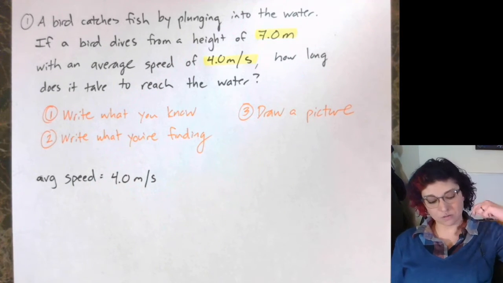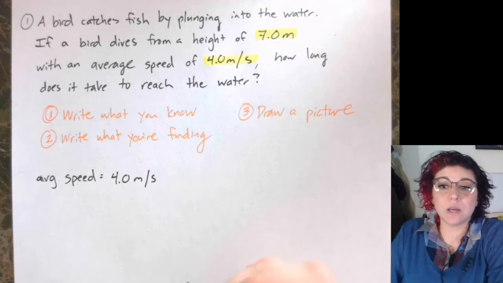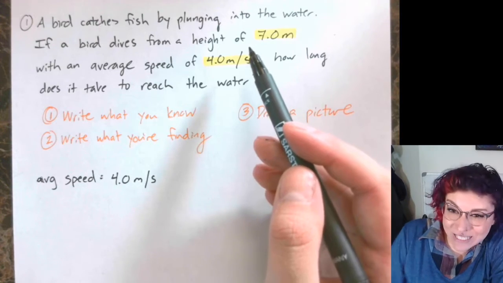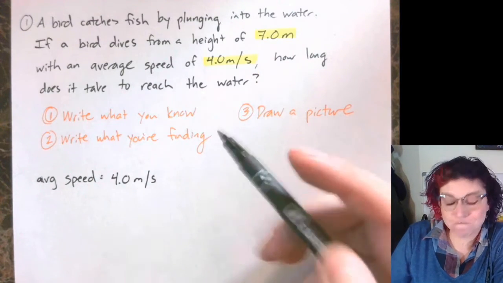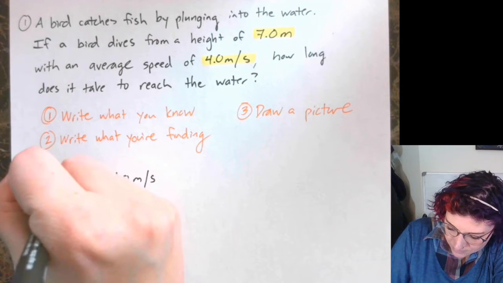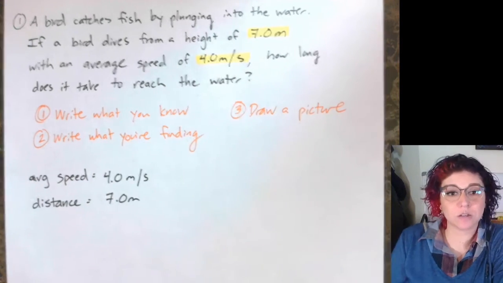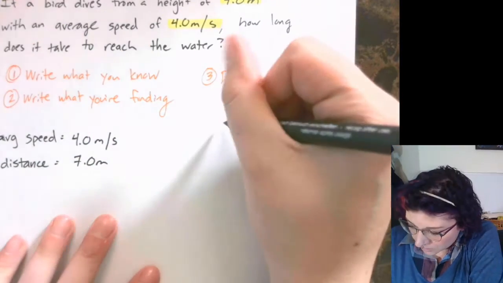And I also know that this height is actually the distance the bird travels. So I know that distance equals 7.0 meters.